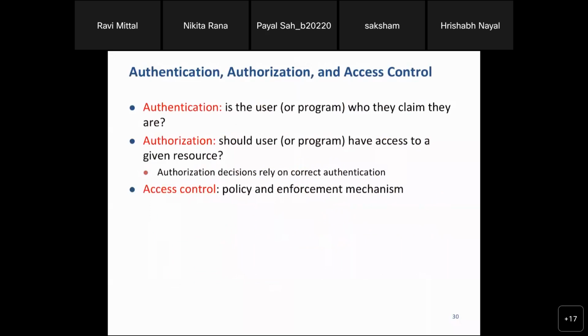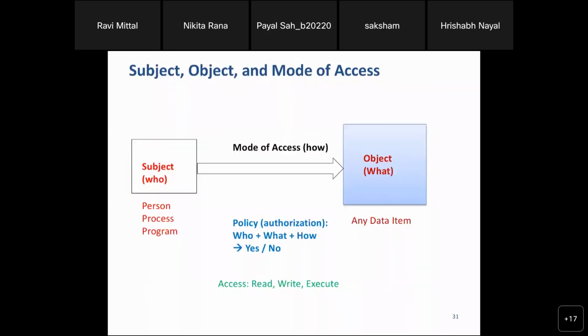If I have face recognition, it is a very safe method. So in general we use these three important concepts that we have studied: authentication, authorization, and access control. Please go through them again. We have this model in general: there is a subject, which could be a person, a process, or a program, that wants to access an object, anything, your file, your server, whatever.